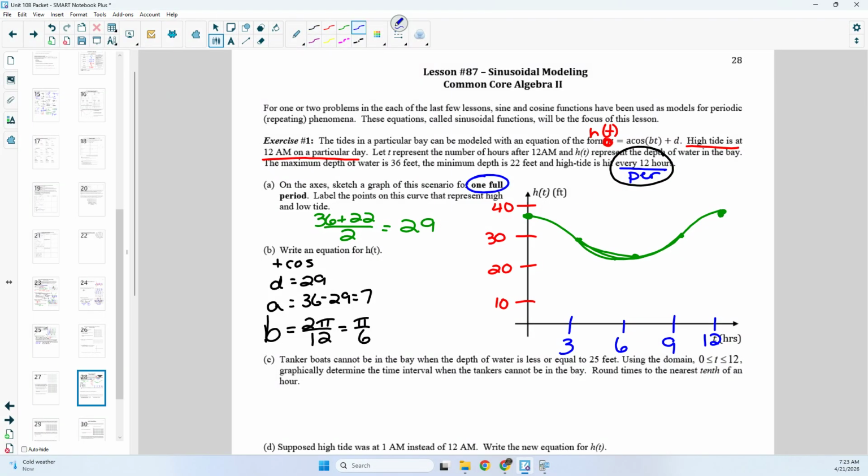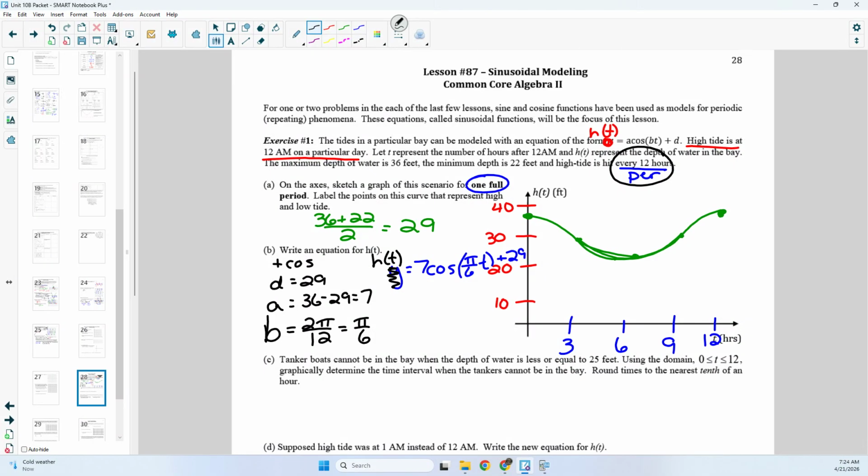So I have all my qualities now, and I can plug it into my equation. So I have 7. It tells me to use cosine, which matches up best with what I have. Pi over 6, we want t plus 29. They told me to use h of t, so I'm going to use h of t instead of just y.